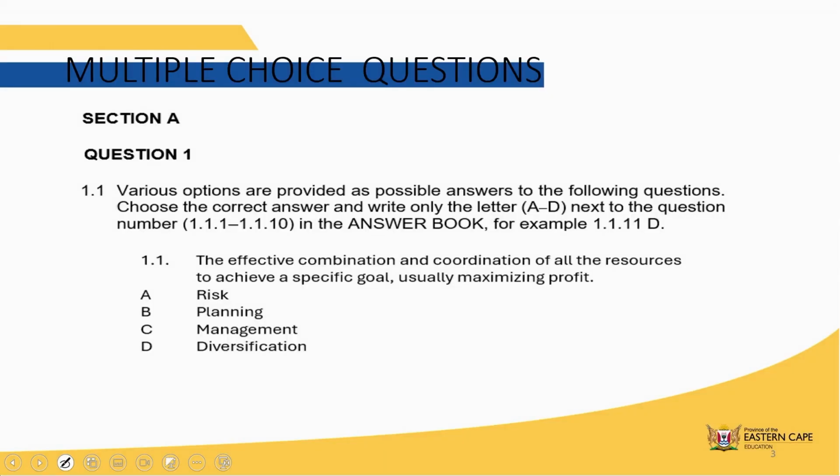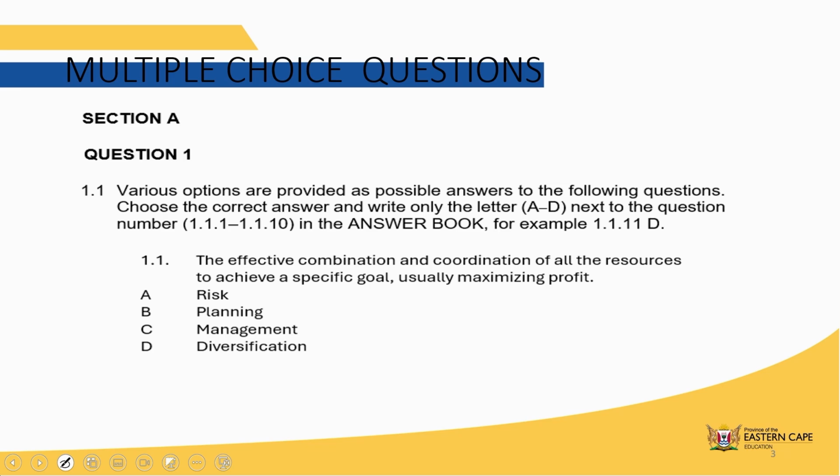This question says, various options are provided as possible answers to the following questions. Choose the correct answer, and you are instructed to write only the letter A to D next to the question number 1.1, until you reach the last question in the answer book.